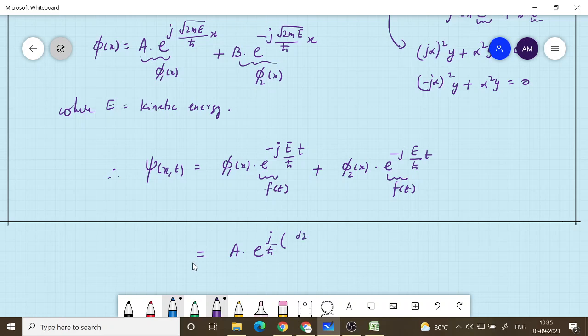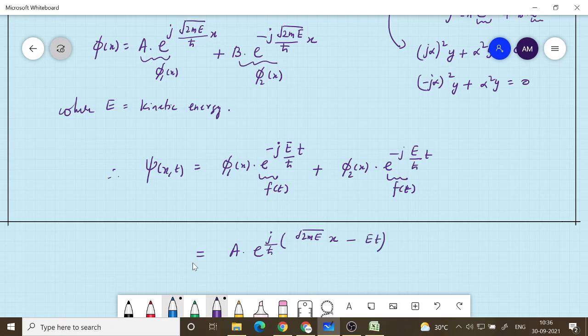The remaining thing I will keep here: square root of 2mE into x, and then minus E t.